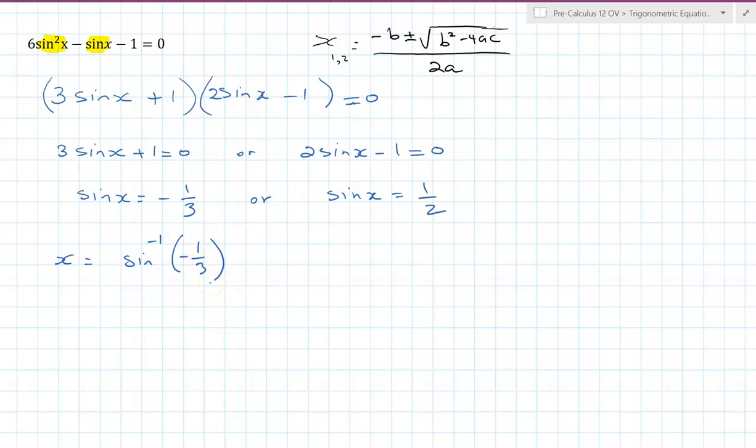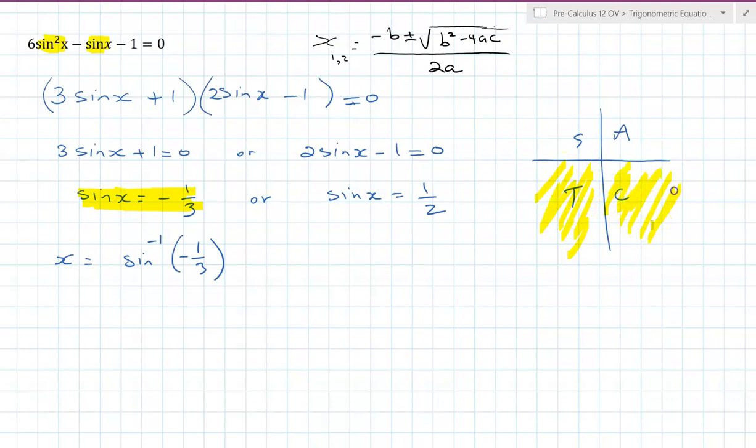Okay, and in this case, just before we continue, let's do the CAST quickly. Sine is negative in what quadrant? We're looking at this equation first. Sine is negative in quadrant 3 and quadrant 4. So you take out your calculator and punch in sine inverse of -1/3.